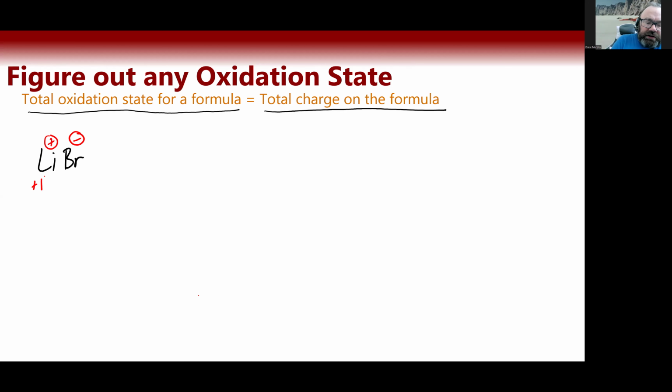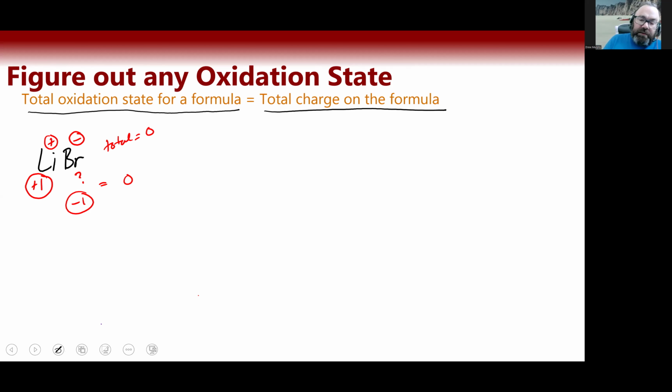You know this is +1 because lithium is in group 1, but we don't know what the bromide is. Well, our total charge has to equal 0, so the bromide then has to be -1. And this just becomes an algebra problem.